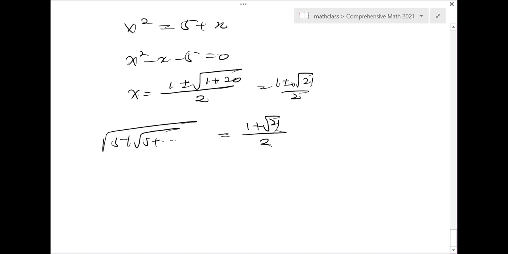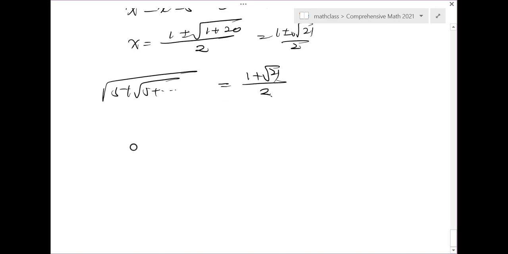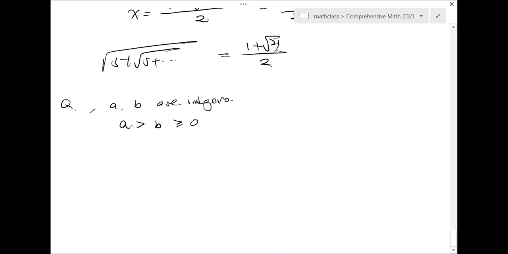So our next problem. A and B are integers, with A greater than B, and B greater than or equal to 0, so B could be 0.